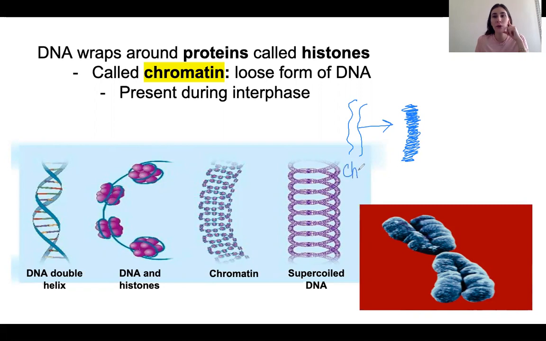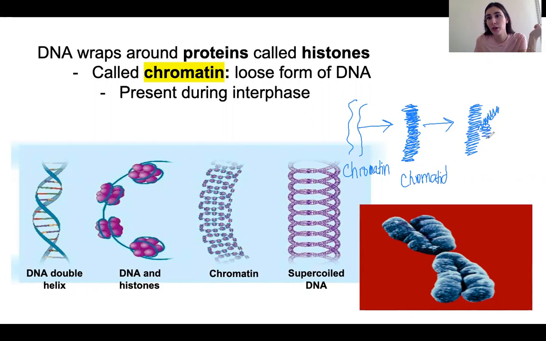So the thin form is a chromatin. The thickened form is a chromatid. And then before the cell even divides, we know that in S phase, what happens to the DNA? It gets duplicated. So essentially, this chromatid ends up with an identical copy being created. So you'll end up with two chromatids.